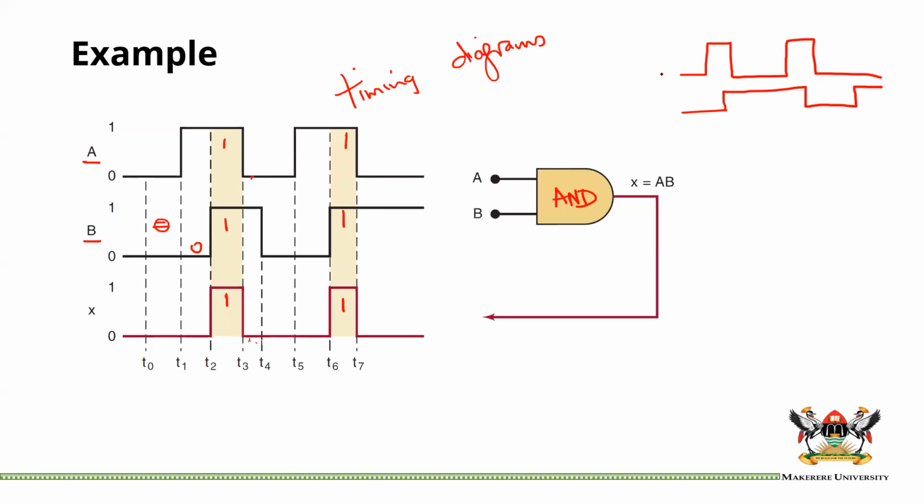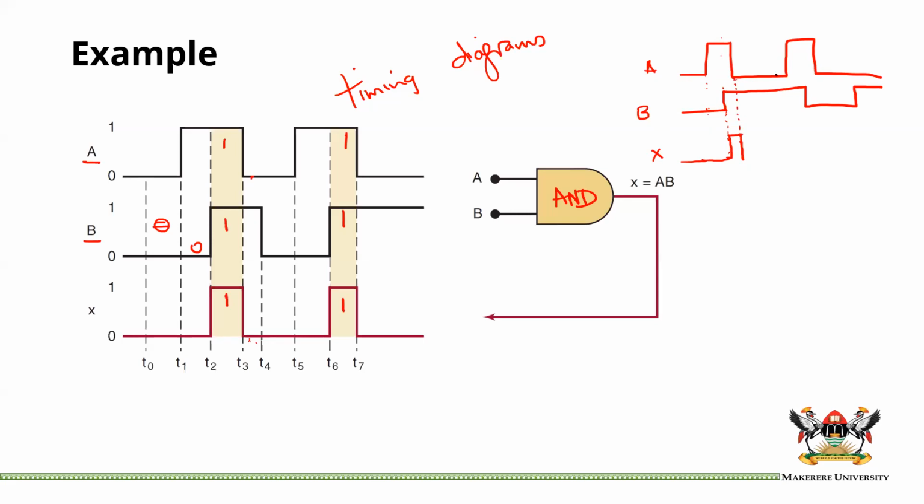So here I can see that's a 0 and a 1. Let me say these are my two inputs. This is a 0 and a 0. So my output X will be a 0. At this point, that goes high, but B is still 0. So I will continue. But at this point, B goes high and finds that A is high, but A comes back low at that point. So I'll have a 1 here.